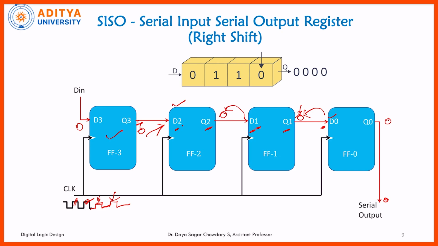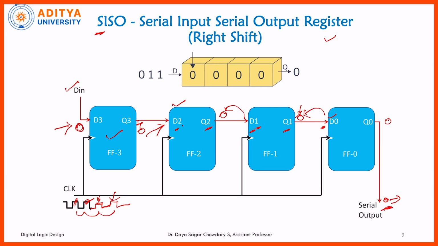Here we are applying a serial input and getting a serial output. Whatever 0 we started with as the input, we get at the output side after completion of 4 clock cycles. This is a 4-bit shift register, and it is serial input and serial output.